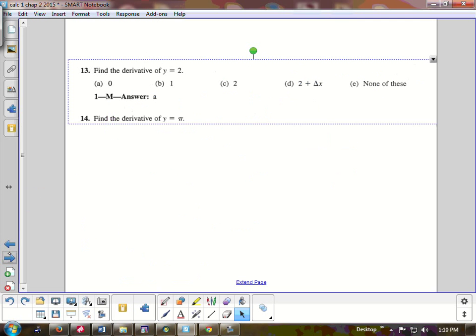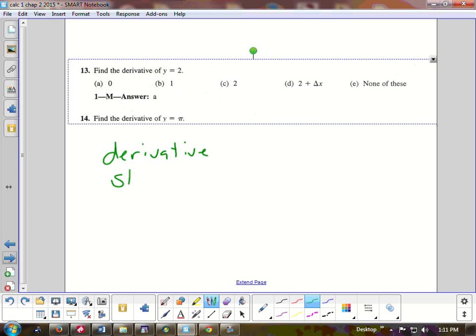Then we're going to move to the next type of question, which is 13. Find the derivative of y equals 2. Well, if we go back to what a derivative is, it's a rate of change at a point on a graph, or the slope at a point on the graph.